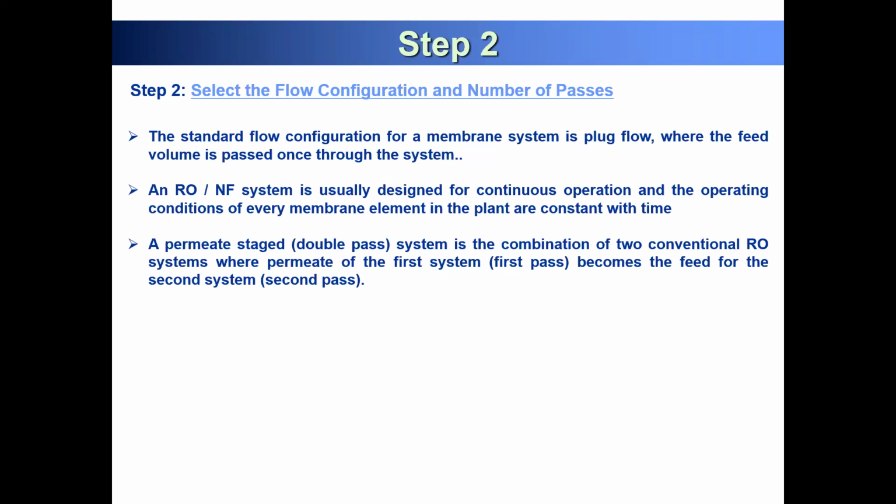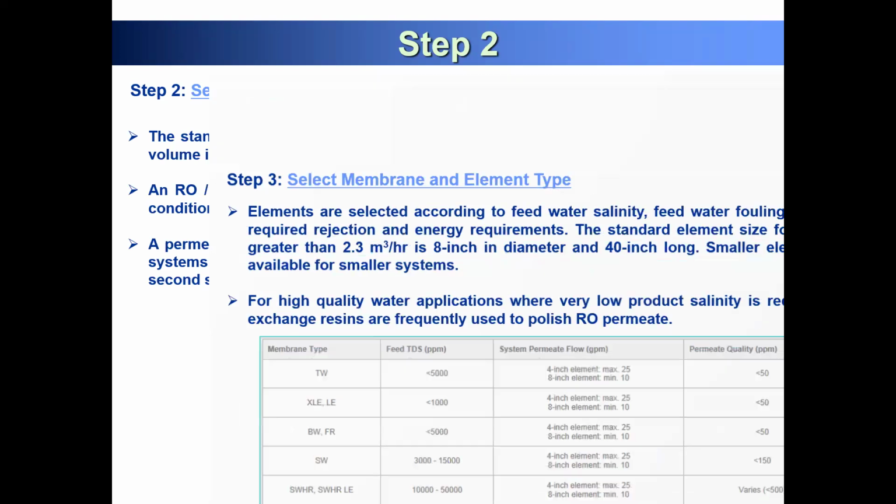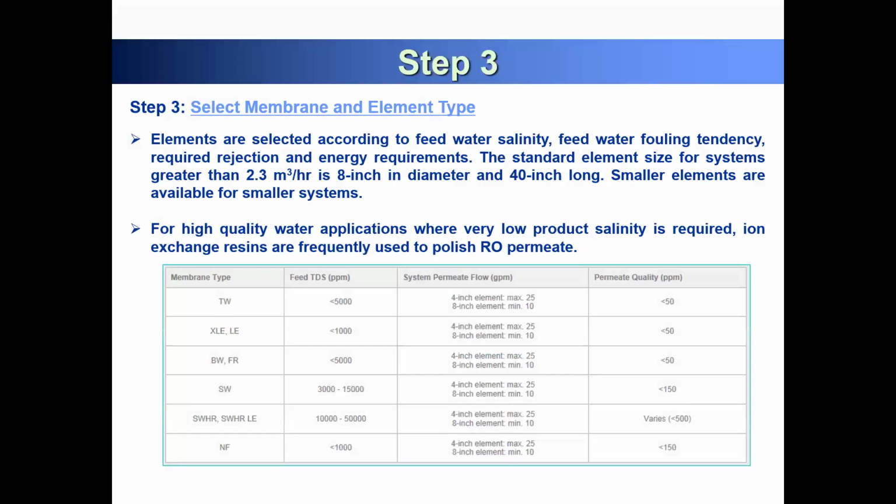In this case, you can go for a second pass. So you need to decide whether to go with a first pass or second pass, and this will give you a better idea of how to manage the quality of your water.